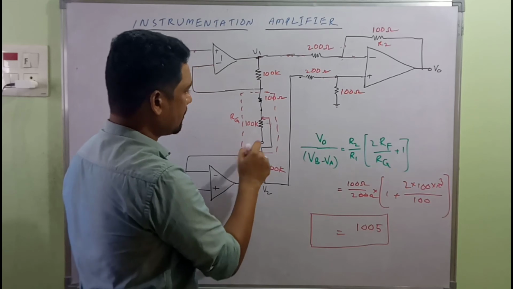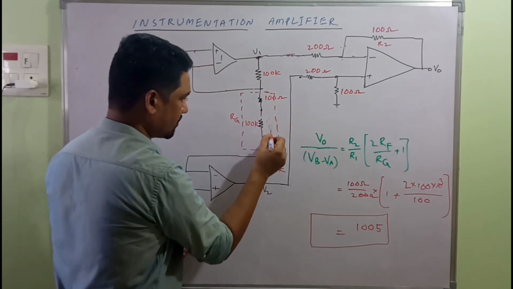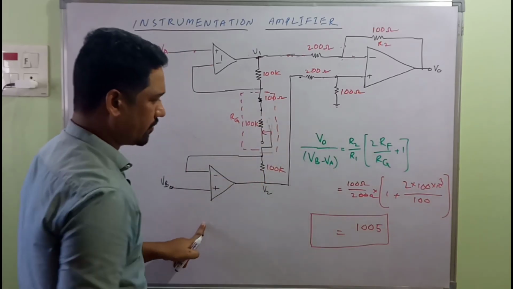On the other hand, when the pointer of the potentiometer is over here, including 100K, what will be the gain?